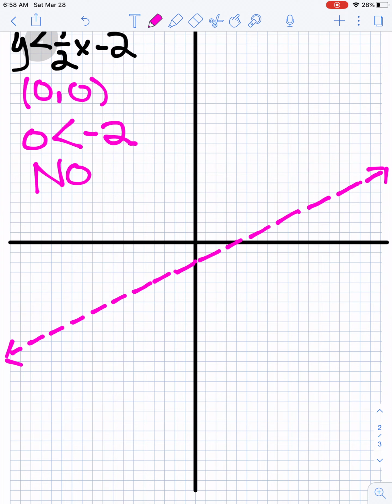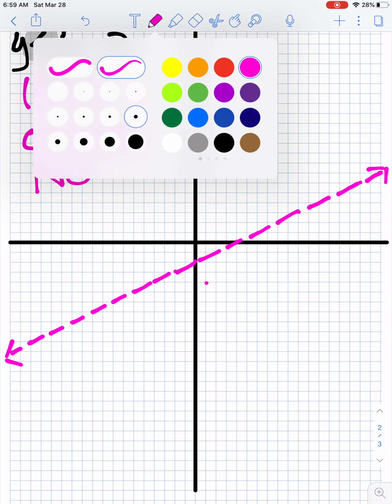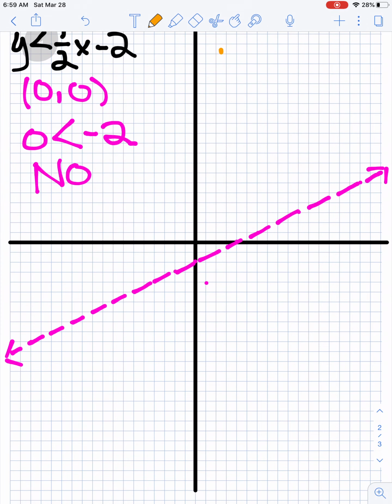So I need to pick a point that's below the line, and I'm just going to pick +1, -4. +1, -4 is test point 2. So that means that -4 is y, and that's less than 1/2 times 1.